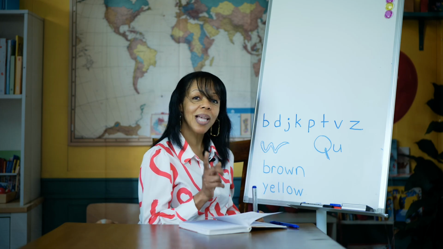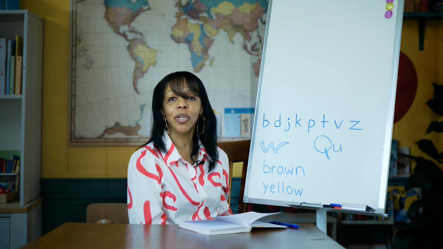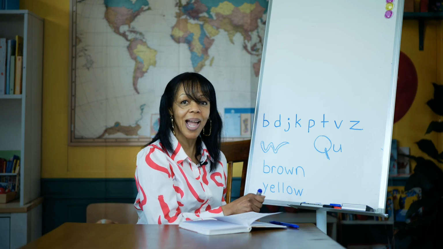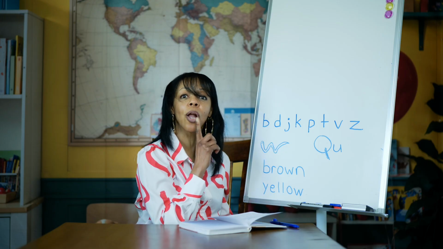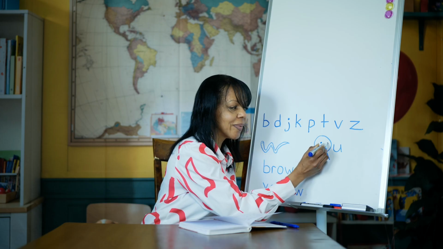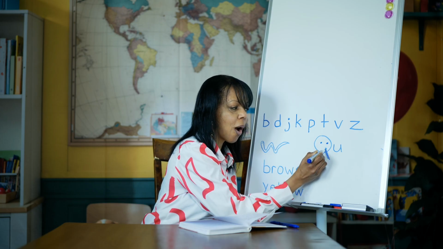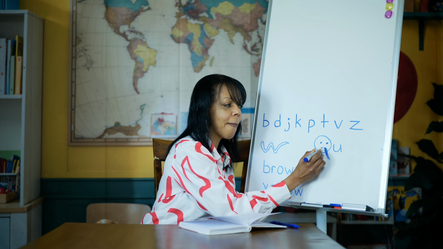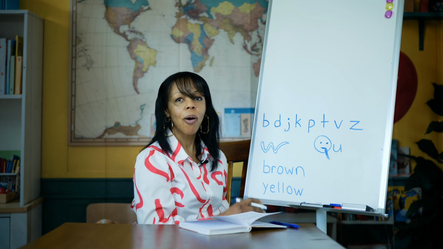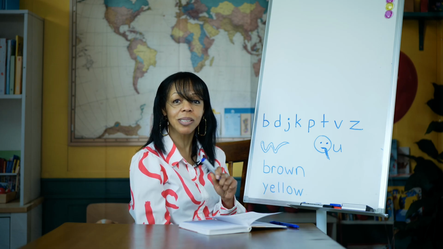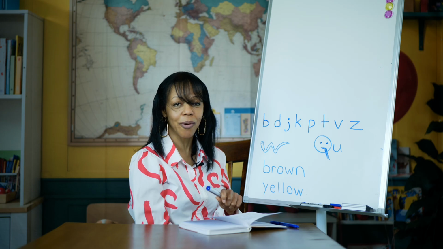One of the ways I introduce the sound that Q makes is to say, imagine that stick or that line is a finger saying quiet. Let me show you what I mean. This is like a person holding their finger up to their mouth, telling the students quiet, okay?